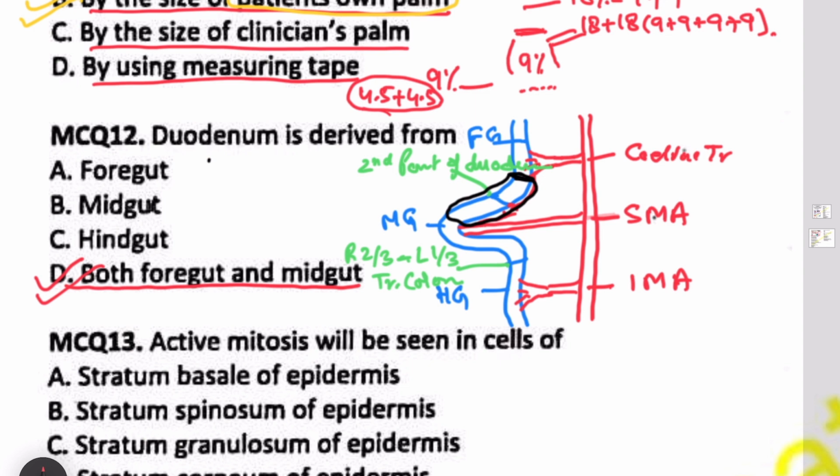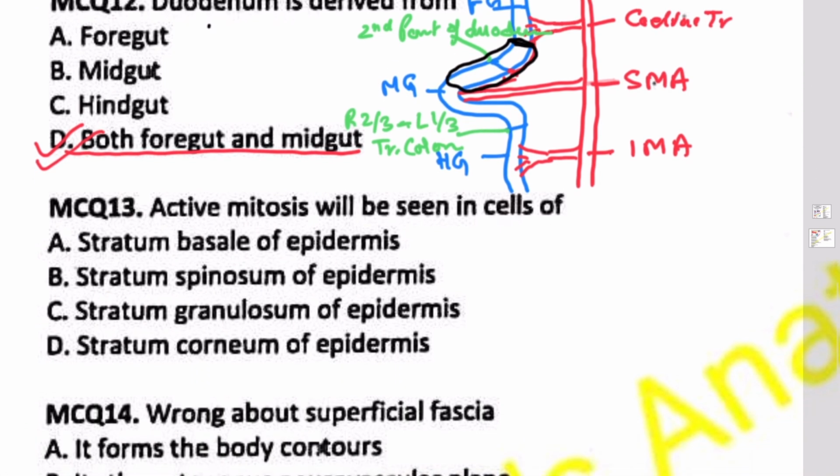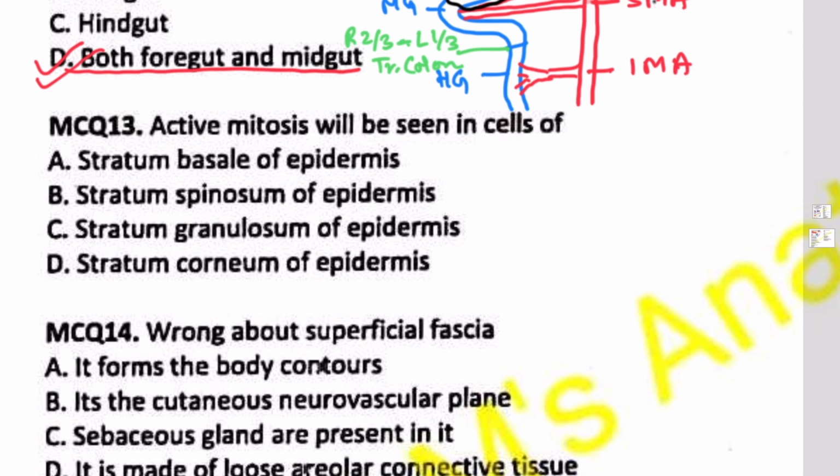Then the next question is: active mitosis is seen in cells of the stratum basale of the epidermis, stratum spinosum, stratum granulosum, or stratum corneum. This I already explained above in one of the questions.